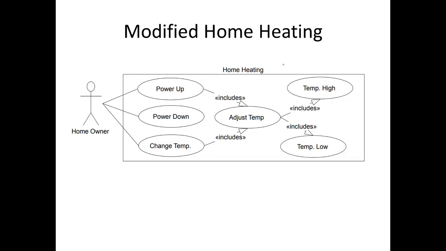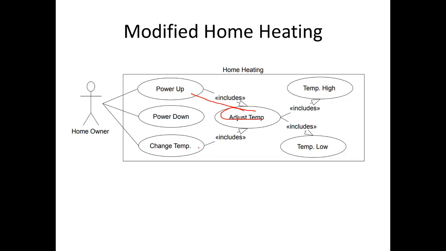You can modify the home heating use case diagram to be more complex. For example, we add more use cases here. For example, power up includes adjust temperature. Okay, you can make it 80 degrees, 70 degrees, and so on. That means adjust temperature is a process inside the power up.